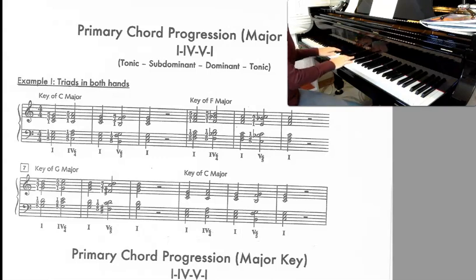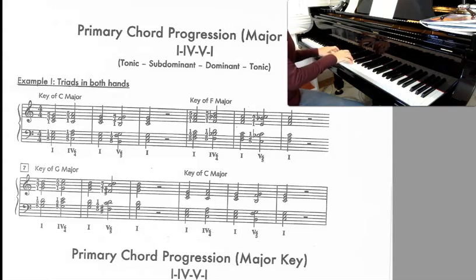If we do that in F major, remember F has a B flat in the key. So our 4 chord and our 5, 6, 5 both will have the B flat. Here's the primary chord progression in F. And here's the primary chord progression in the key of G. G has the F sharp, so watch out for that in this 5, 7.